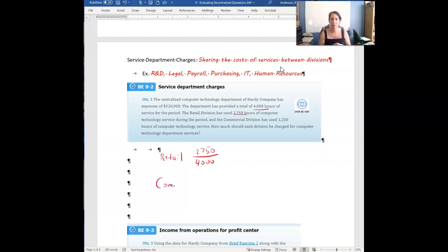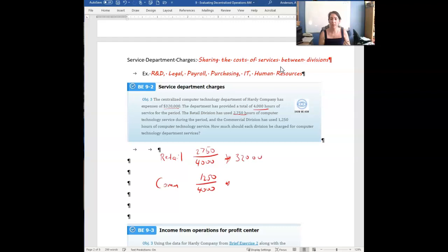Commercial used 1,250 hours out of a total of 4,000 hours for the period, right? So we're going to take those numbers, and what we're doing is we are prorating based on how much each department used. So the overall costs of the technology department are $320,000.